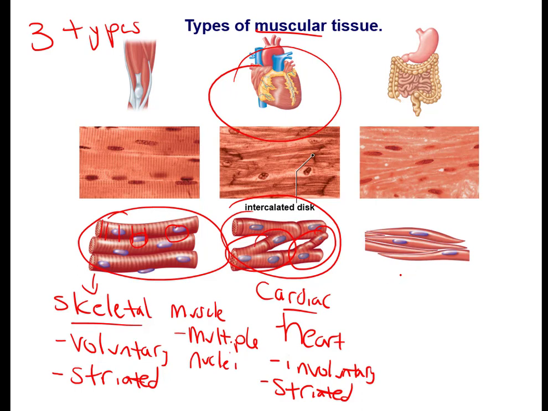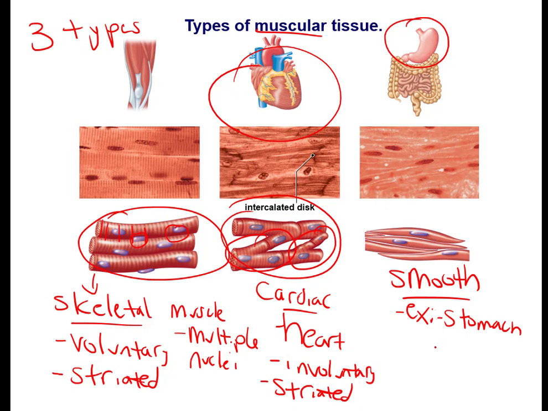The third class of muscle is smooth muscle. Smooth muscle can be found in places such as your stomach. That's one place you can find smooth muscle. You can also find smooth muscle lining in your blood vessels. Smooth muscle, just like it sounds, is not striated.